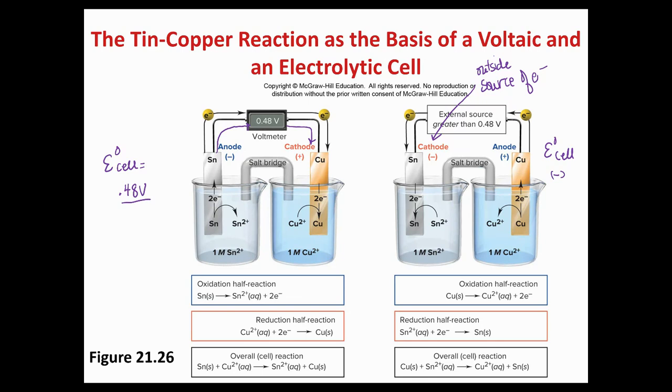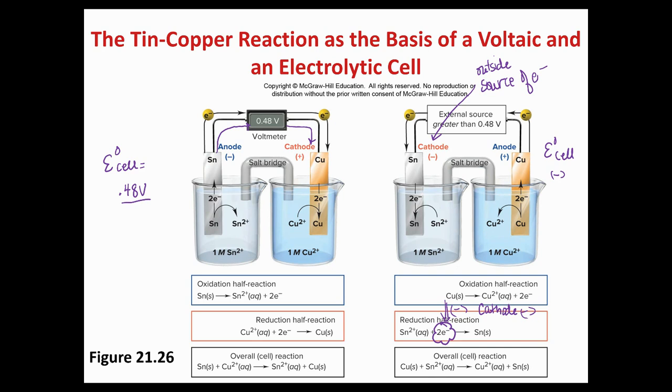And that's why the cathode is negative, because you're applying an outside current that's forcing that side. So here's the reduction side. You have to add those electrons in, and so that makes the cathode negative and the anode positive.